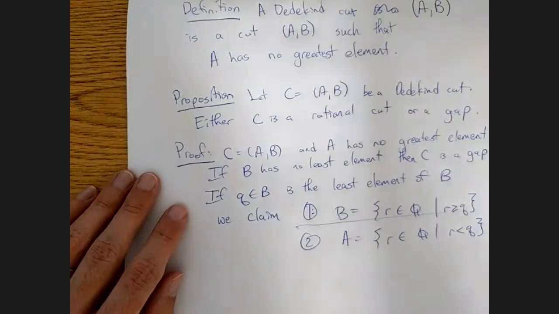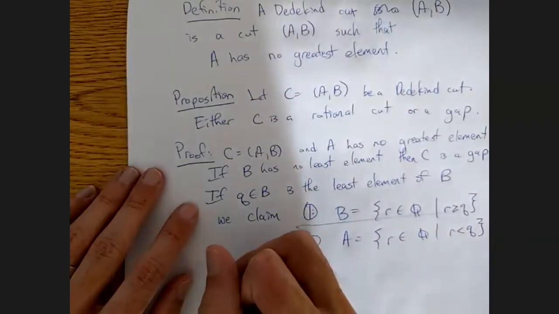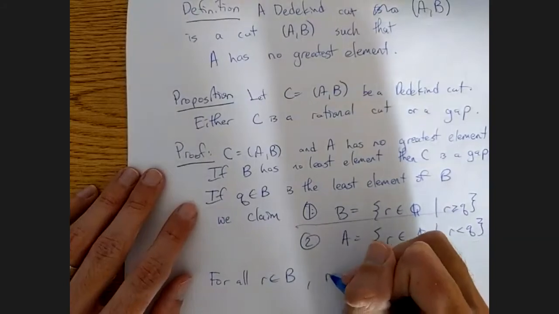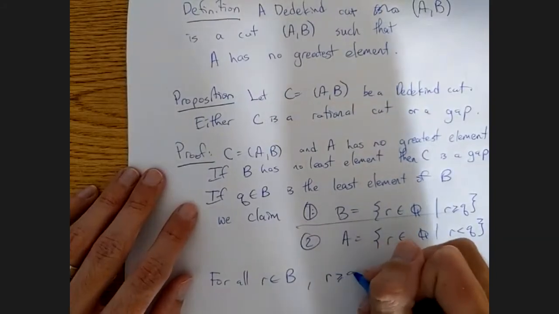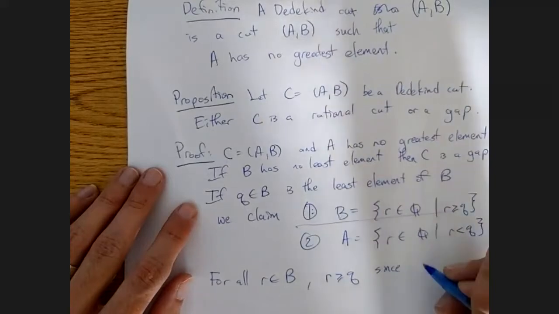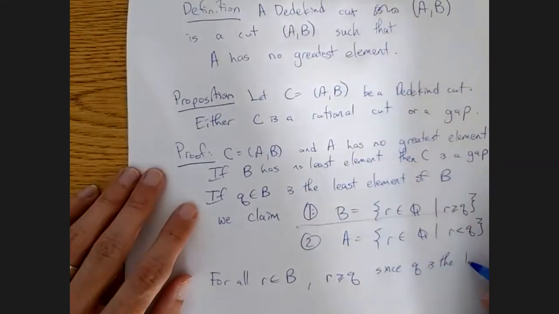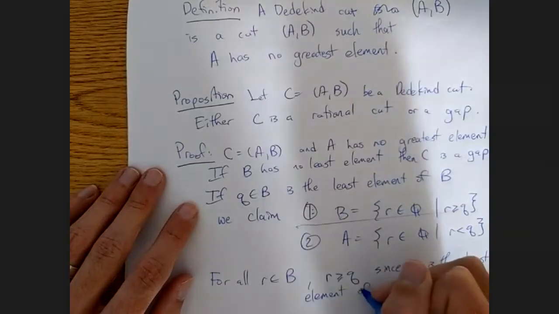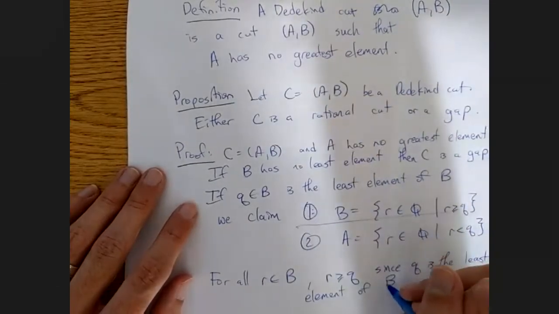Well, Q is the least element of B. So for all R in B, R is greater than or equal to Q. That's just the definition of least element of B.